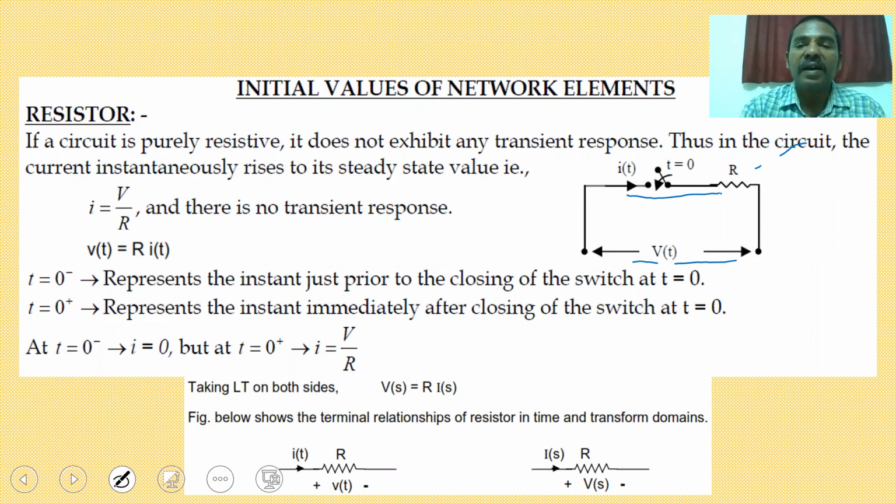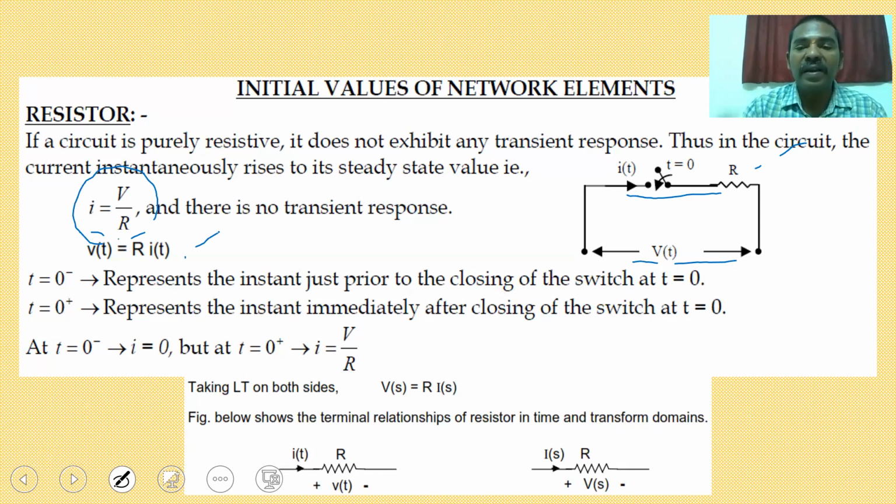Then a current of I of t amperes will flow through the resistor. According to Ohm's law, the current can be represented as I is equal to V by R, or the voltage drop across the resistor as V is equal to R into I.